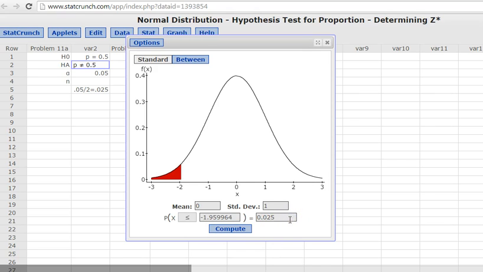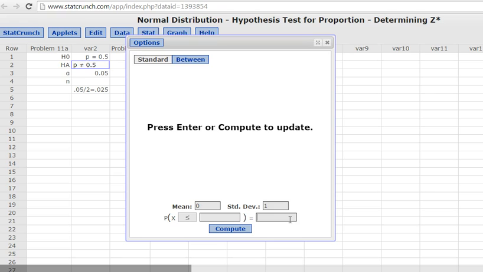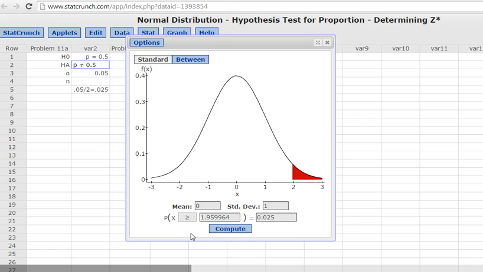We'll come back here and input 0.025 again. And we're going to select more than, because we want to look at the right side this time. So here's our right side, and here we see that our critical Z value is 1.96.